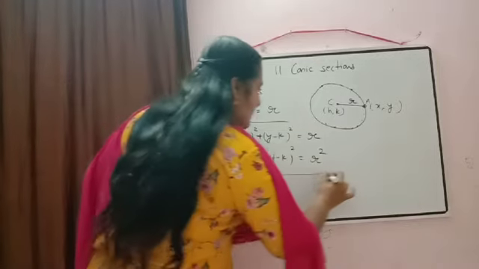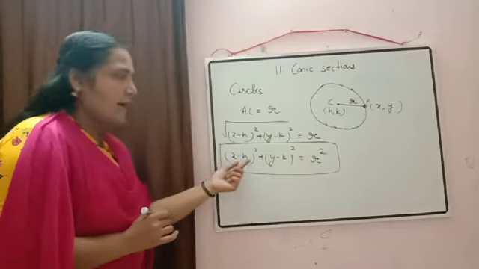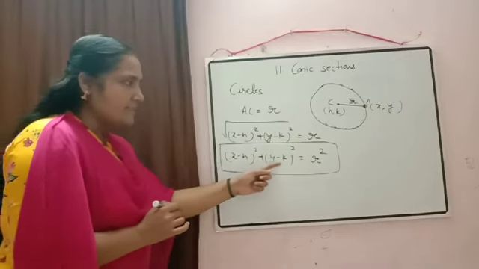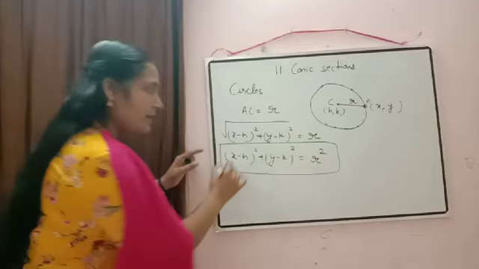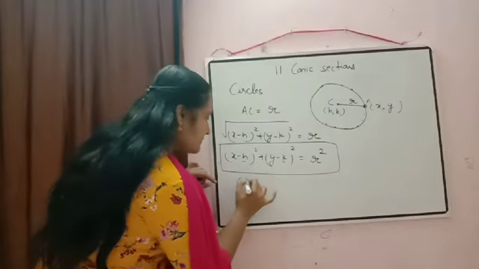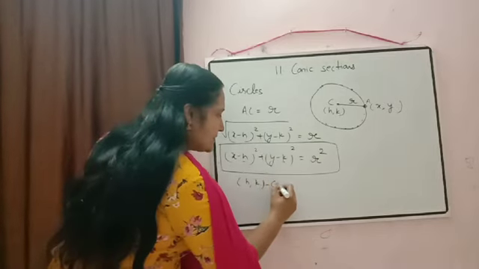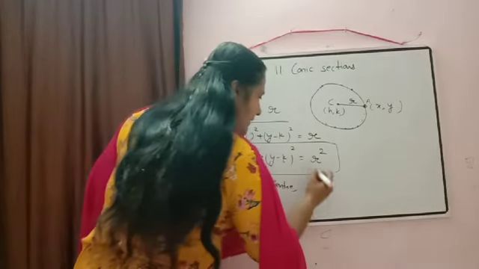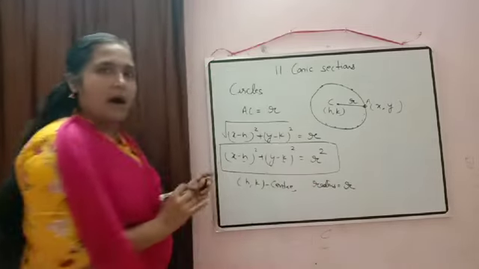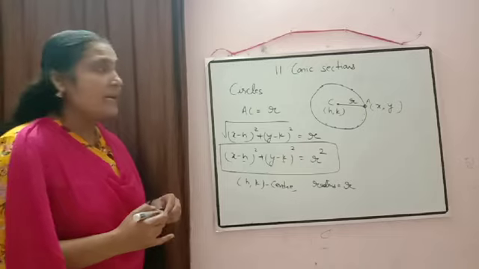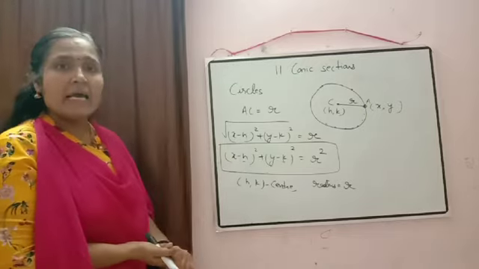This is the standard form of the equation of a circle, where h and k, not minus h and minus k, are the center of the circle and the radius is R. So this is one formula for finding the equation of a circle.